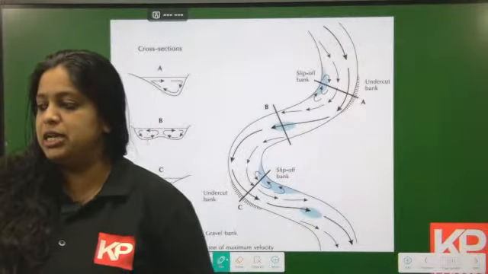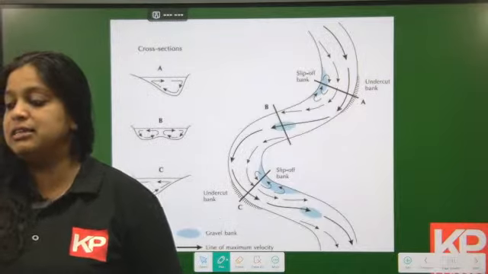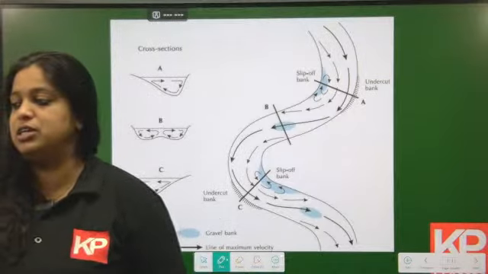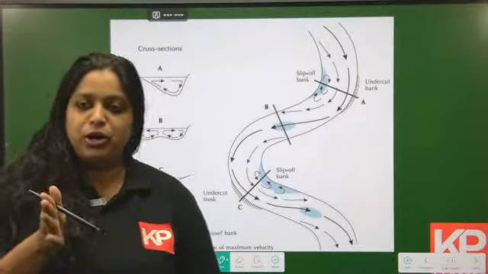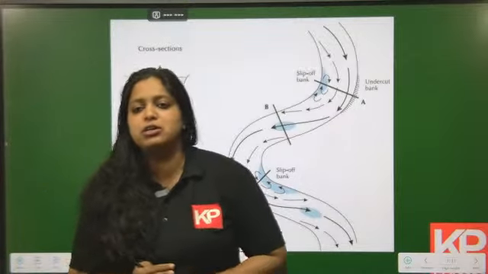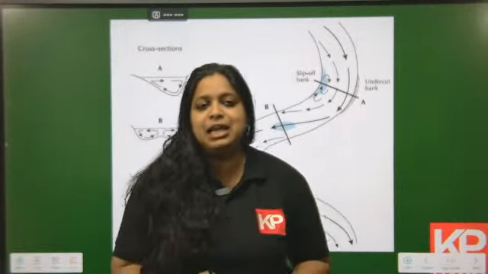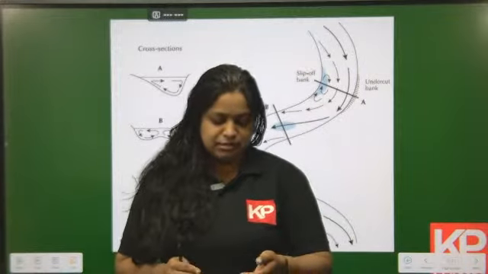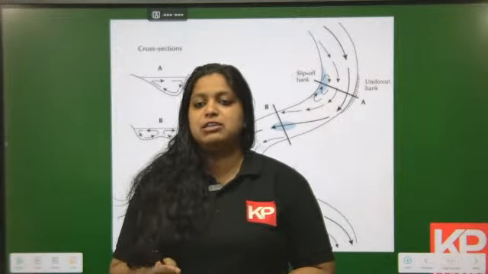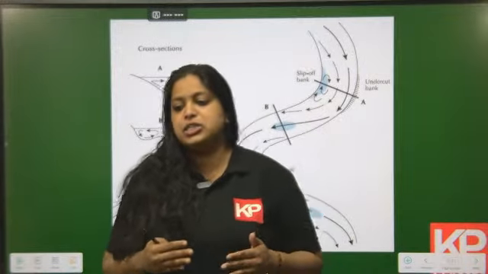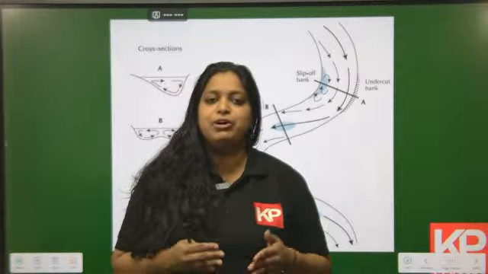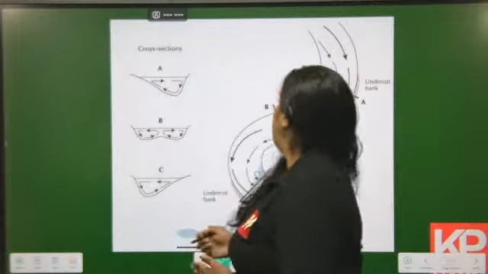A meandering channel has some peculiarities when it comes to the movement of water. The transportation of water in a meandering channel is always in the form of a helical flow. That's an important point.